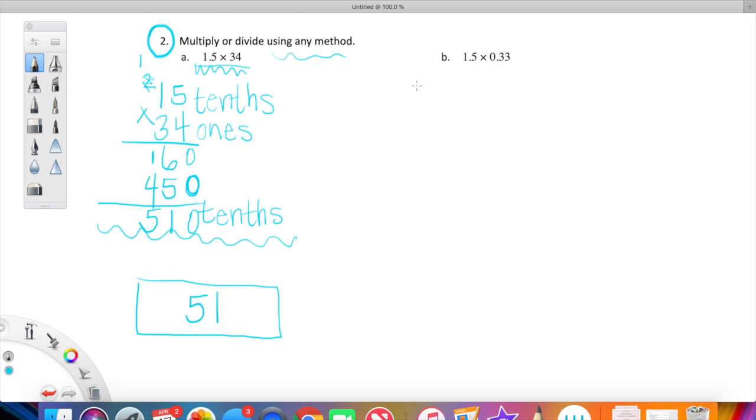For this problem, we'll use the same strategy. We're going to rename 1.5 as 15 tenths. And 33 hundredths is going to be rewritten in unit form as 33 hundredths.